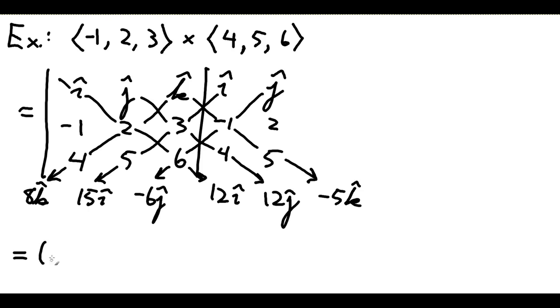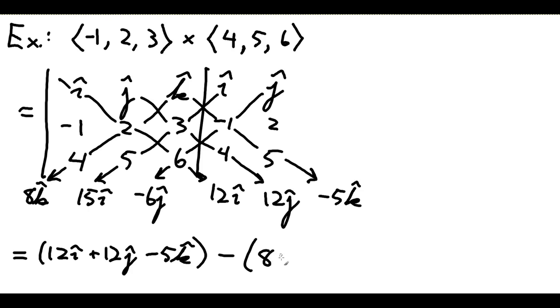So again, we take the sum of the forward diagonal entries minus the sum of the back diagonal entries. So you notice this minus here because we have the negative 6j, right?